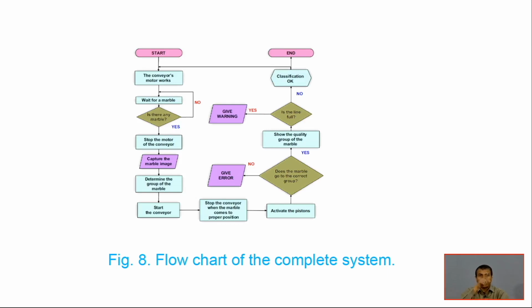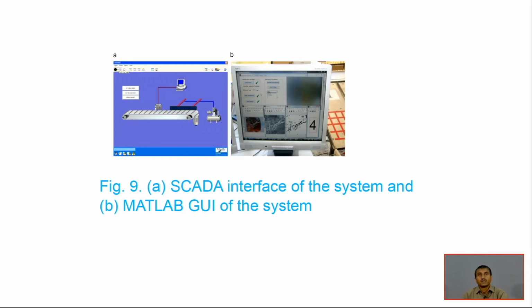So this is the flow chart of the complete system. Initially, start, wait for the marble. Whether the marble is there, yes, then the image is acquired, and else it will go on like that. There is a logic. This is the final figure of the SCADA framework.